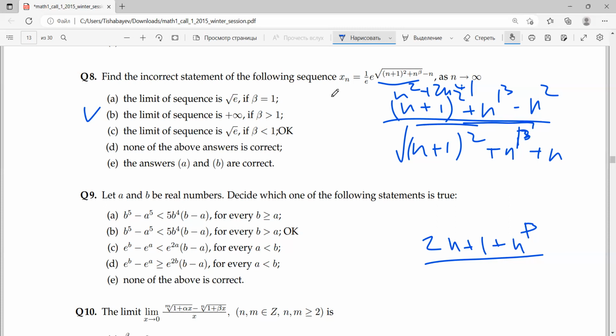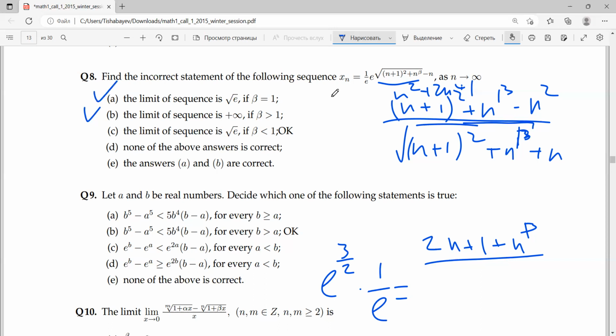So you have e to the 3 over 2 multiplied by 1 over e. So what is it now? e to the power 1 over 2. Yes, A is also correct.